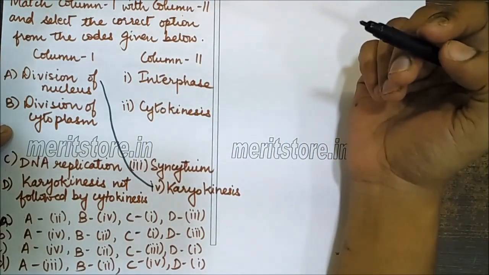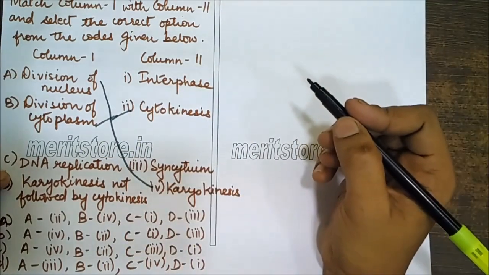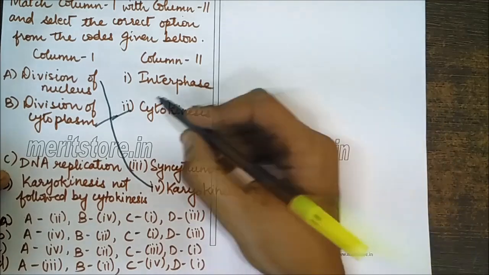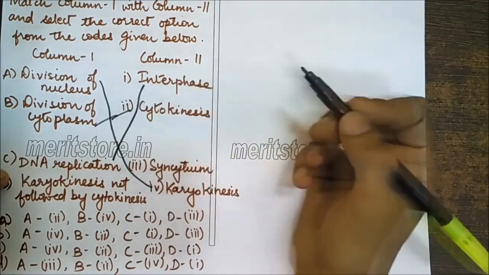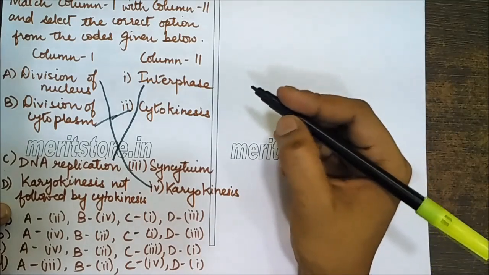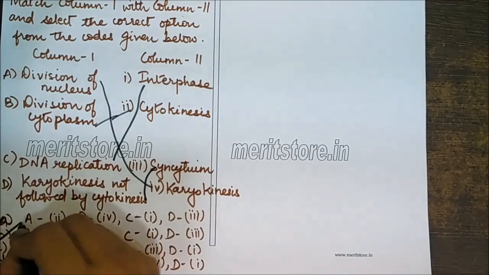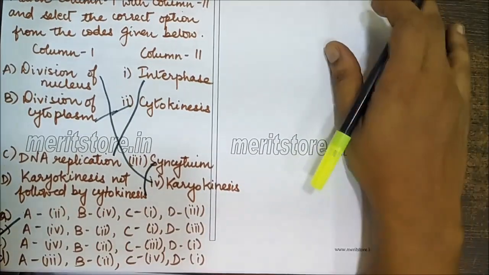Then division of cytoplasm is called as cytokinesis. DNA replication will happen in interphase, and karyokinesis not followed by cytokinesis is syncytium. Okay, so the correct option is B.